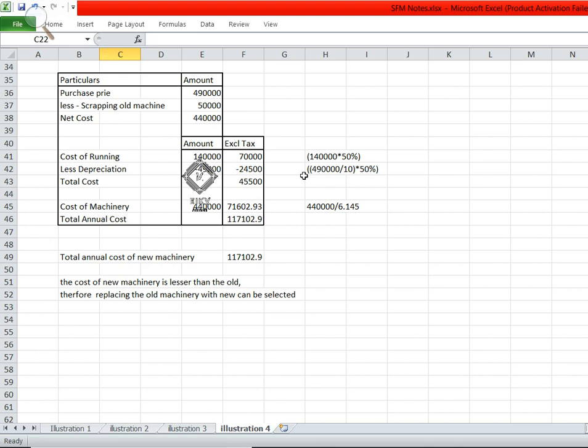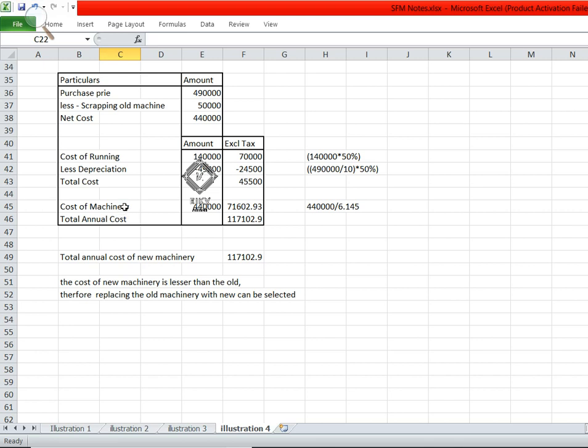So we need to take 4,90,000 divided by 10, which comes to 49,000, and when we take the tax value, we will get 49,000 into 50 percent, which comes to 24,500. When we deduct 24,500 from 70,000, we will get an amount of 45,500. Okay, so the 45,500 is the running cost of the machinery.